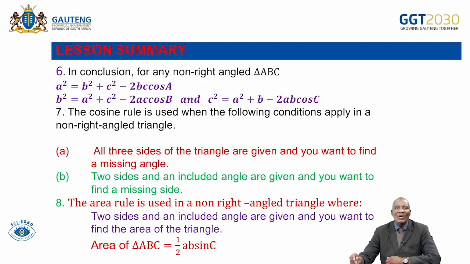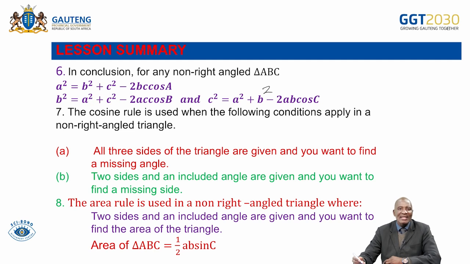And C squared equals A squared plus B squared minus 2AB cos C. The cosine rule is used in a non-right angle triangle when all 3 sides of the triangle are given and you want to find a missing angle, or when 2 sides and an included angle are given and you want to find a missing side.